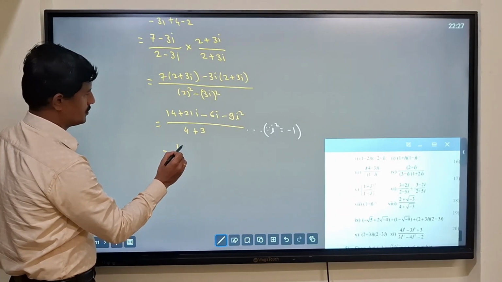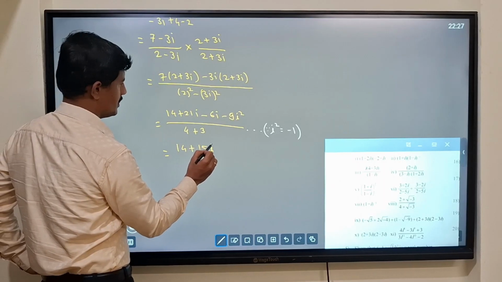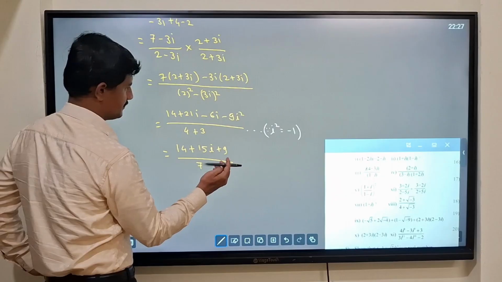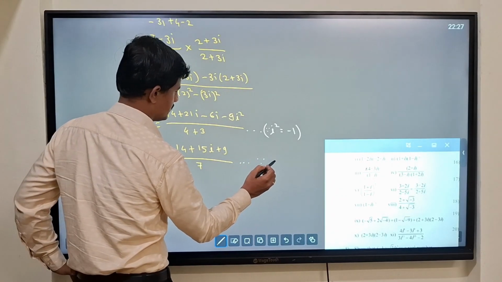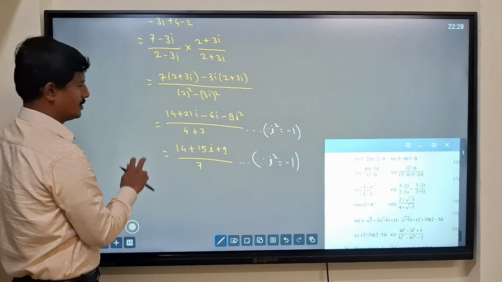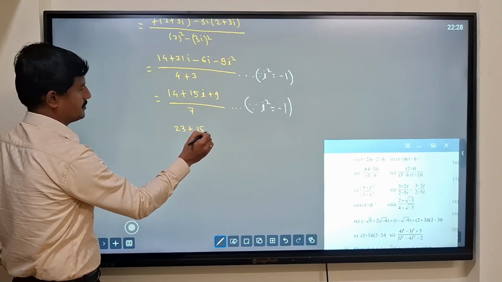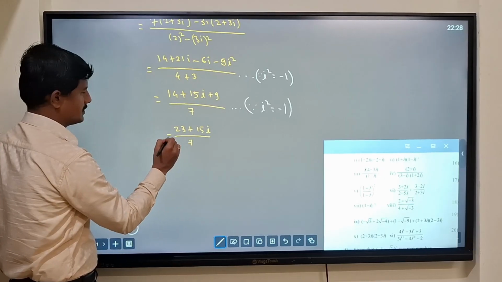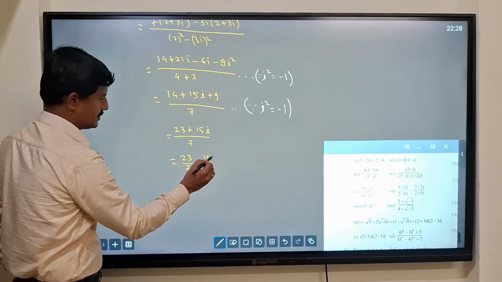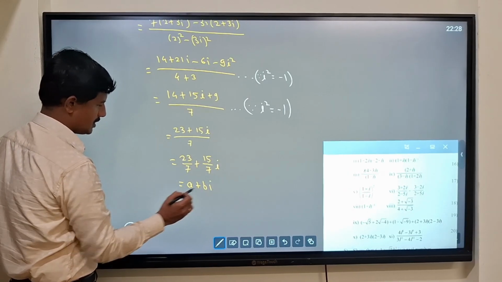Now see, 21 minus 6 is 15i. Upon 4 plus 3 is 7. Again i square is minus 1. 14 plus 9 is 23 plus 15i upon 7. So this becomes 23 by 7 plus 15 by 7 i, that is equal to a plus bi.